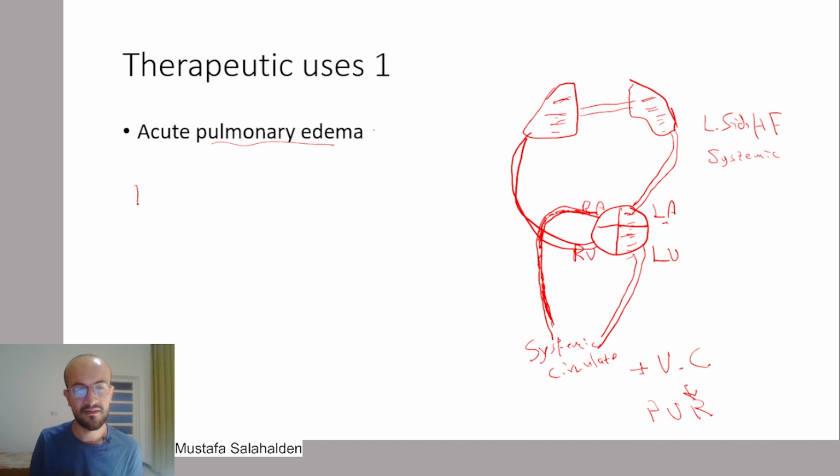So loop diuretics would work here to decrease the volume of the blood, and would lead to a decrease in the afterload.